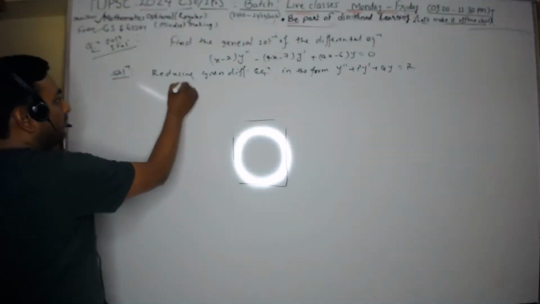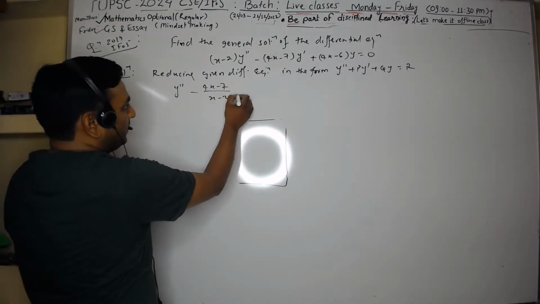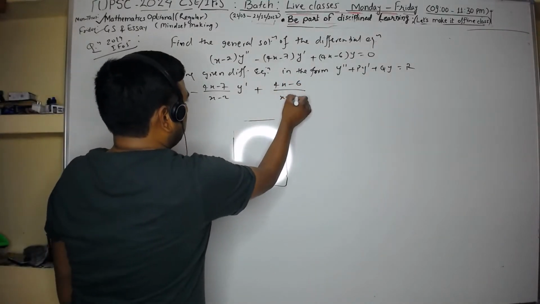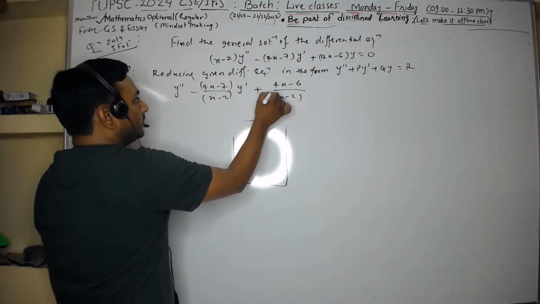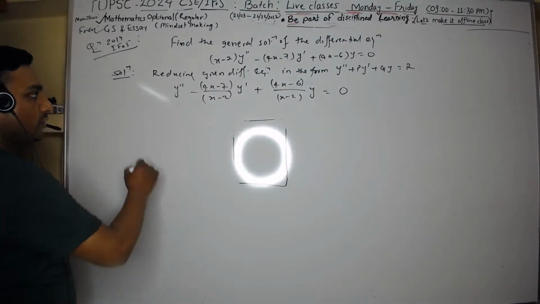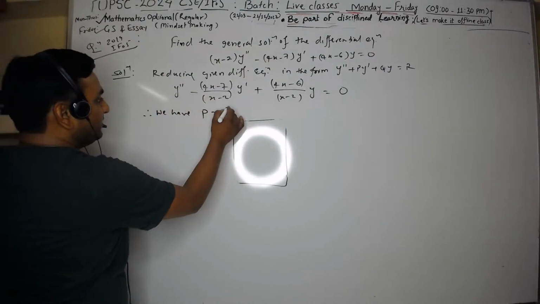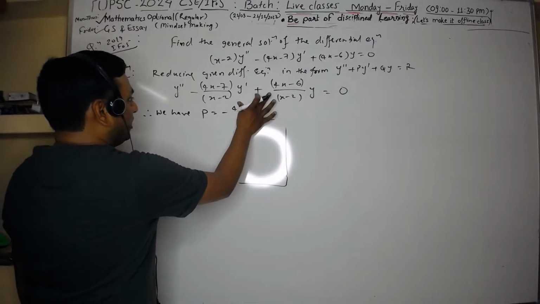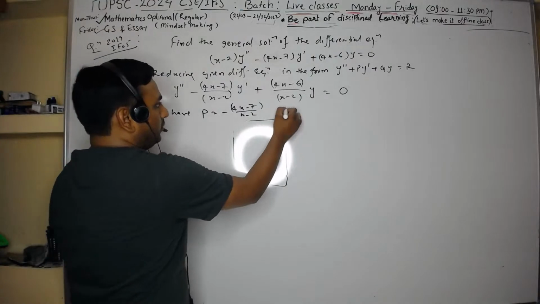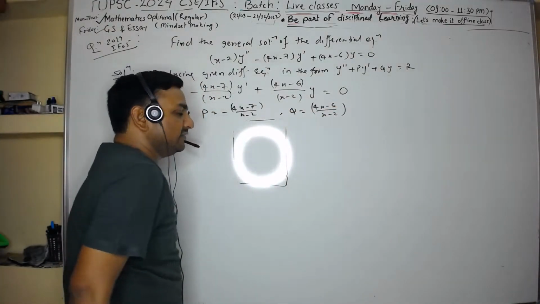So what we will have is y double dash minus (4x minus 7) upon (x minus 2) into y dash plus (4x minus 6) upon (x minus 2) into y equals 0. So we have p as minus (4x minus 7) divided by (x minus 2), q as (4x minus 6) upon (x minus 2).